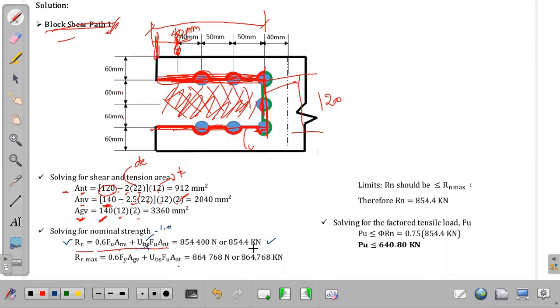Substitute lang natin yung value. Ang makukuha natin for Rn max is 864.768. Okay? So kindly solve if this is correct. So kindly check na lang.